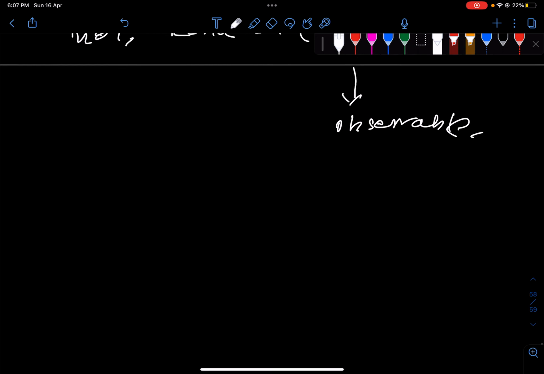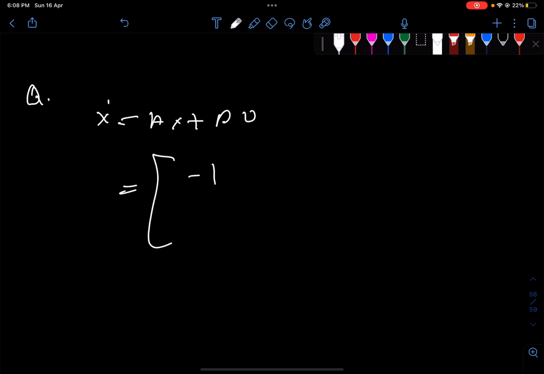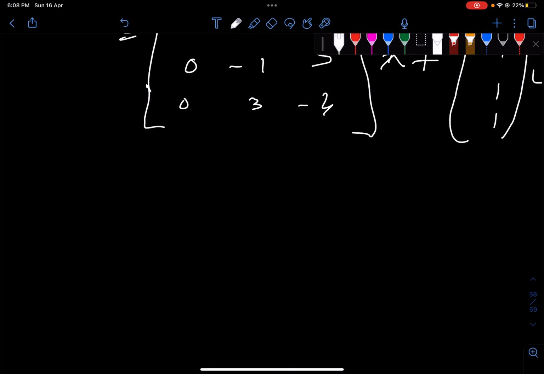Okay. Suppose a question is given to you like this: x dot equals Ax plus Bu, where A equals minus 1, 1, 2, 0, minus 1, 5, 0, 3, minus 4, and B equals 2, 1, 1. So what is A here?